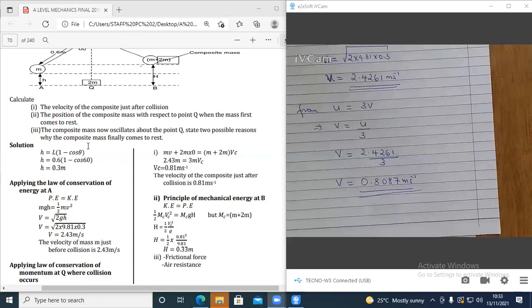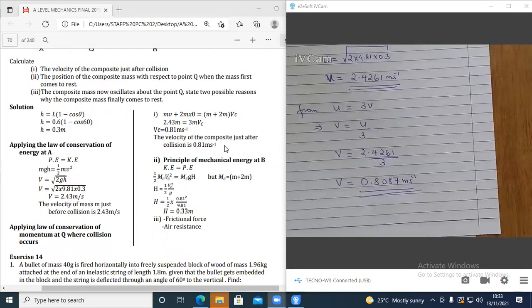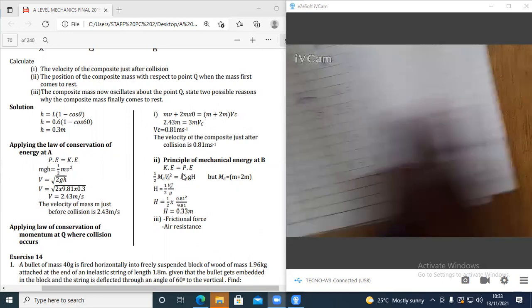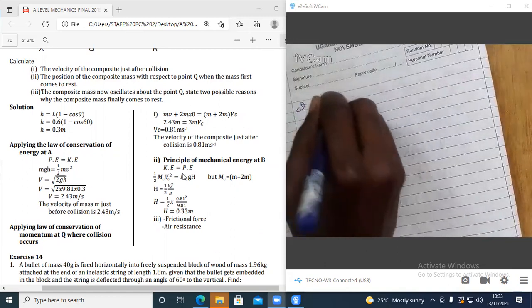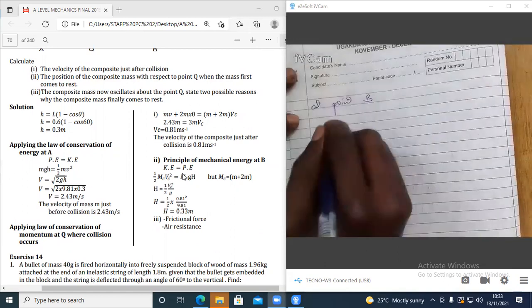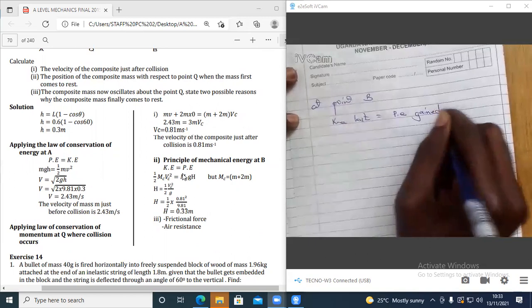For that, we still go back to the principle of conservation of energy. Now we are at point B. Kinetic energy lost is equal to potential energy gained.